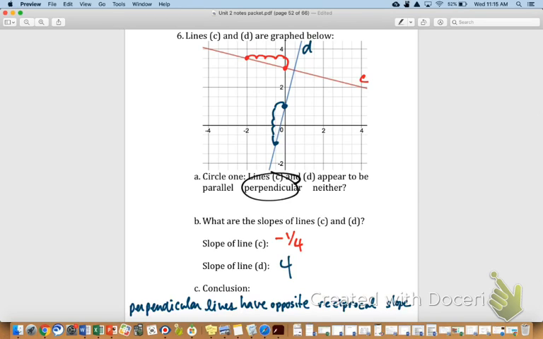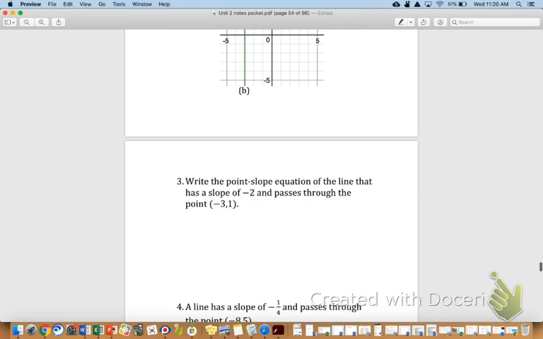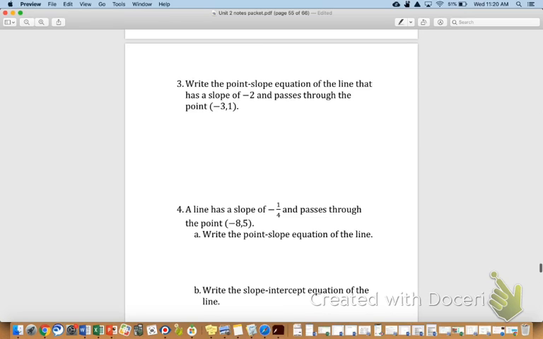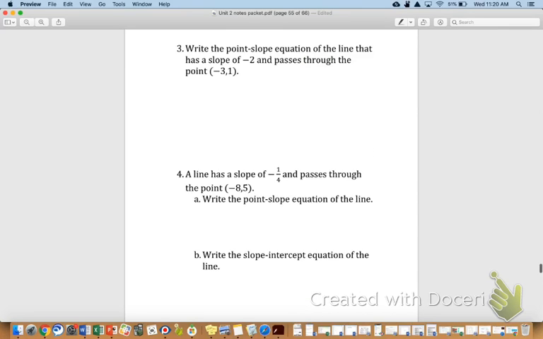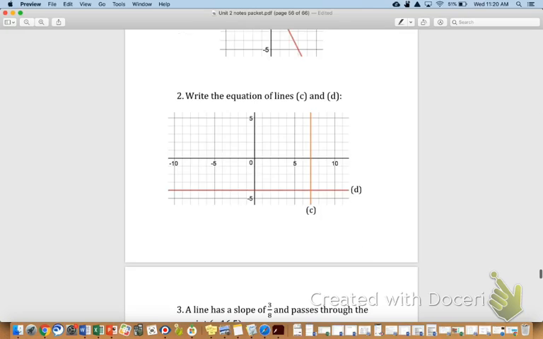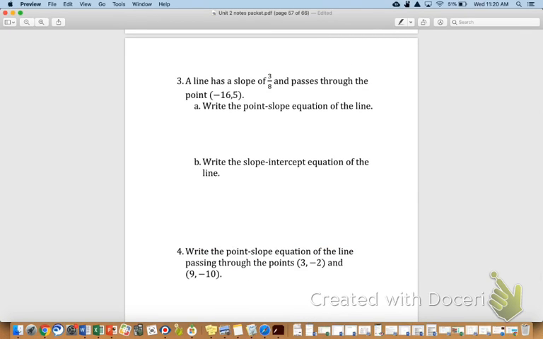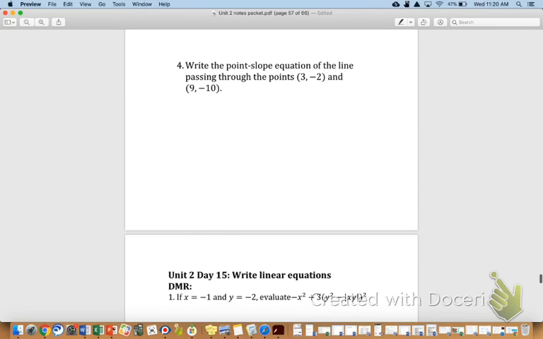Let's keep working. I'm going to jump around a little bit. We did this yesterday. Here's 15.